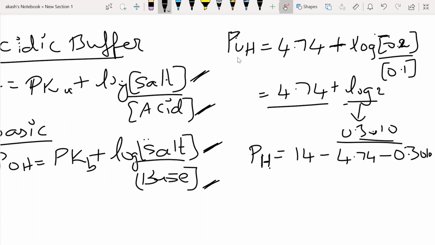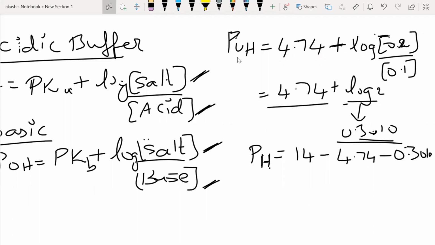So now what they want is the number of moles of ammonium sulfate. Now again, it's just formula substitution. If you know the formula for molarity, that is number of moles by volume, then the problem is done. Just one more formula you have to remember.